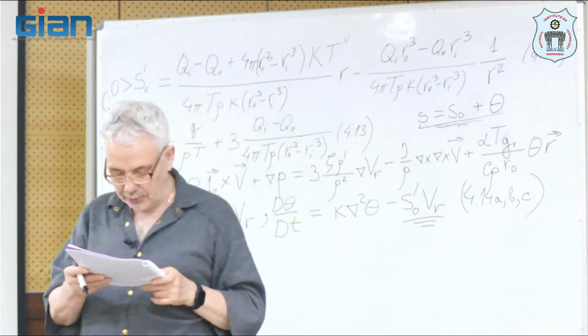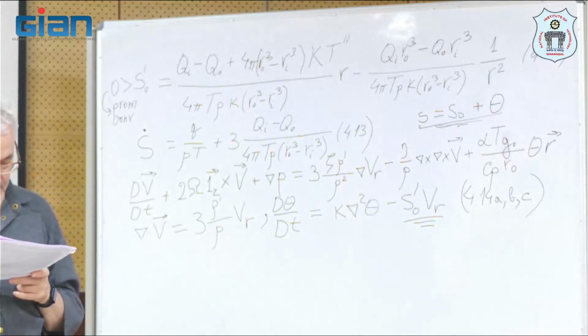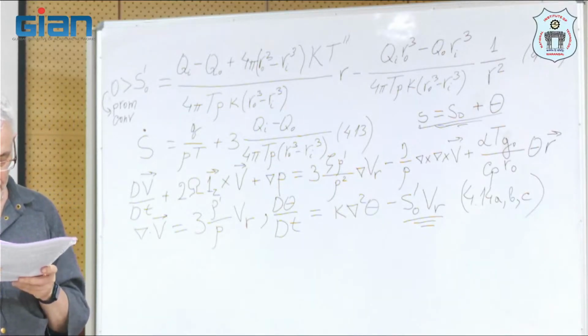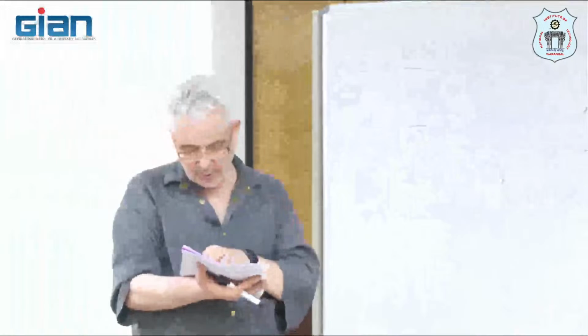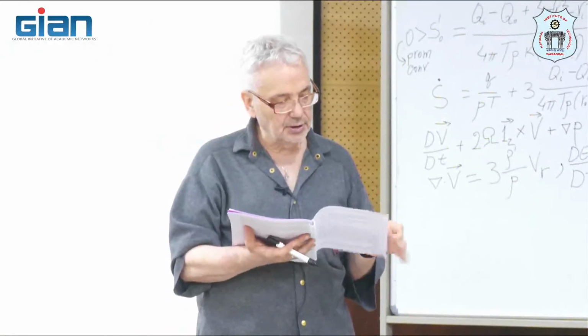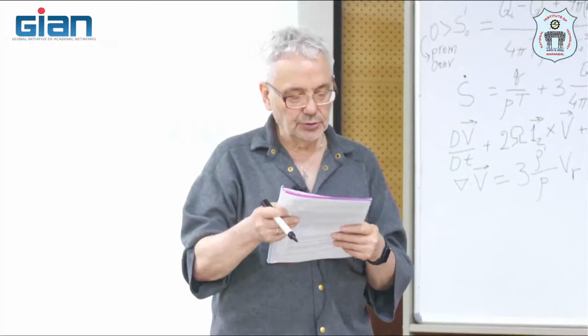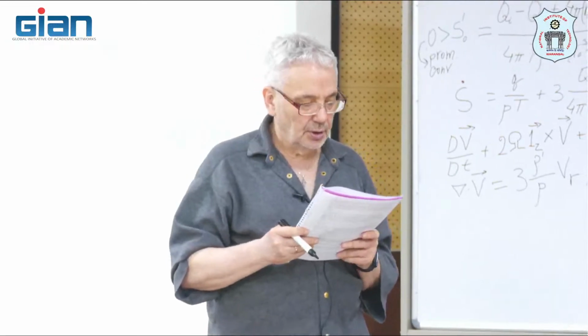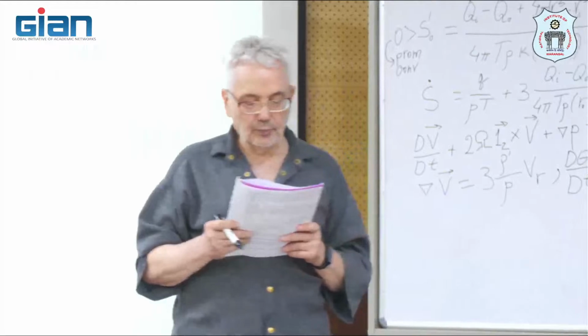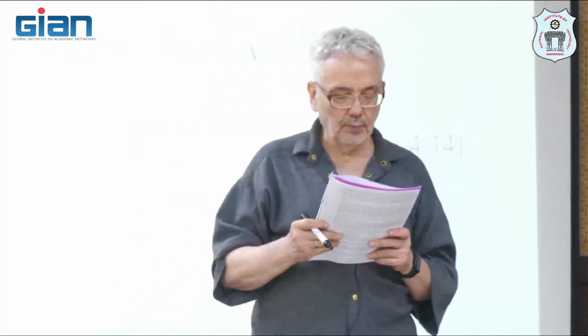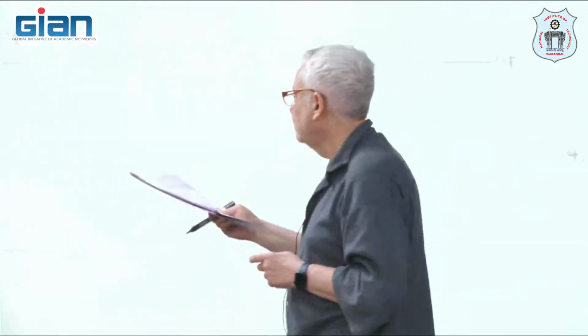Here and below, theta represents not the entire superadiabatic entropy, but its dynamical part minus the stationary solution, which is obtained from 4.12 and 4.13b, this one.